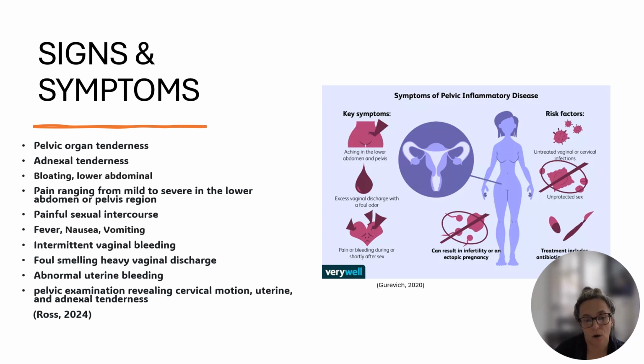And also, there can be foul-smelling discharge, and on examination, there will be tenderness to palpation of the cervix or the uterus or the ovarian area, which is usually in the lower quadrants of the abdomen.